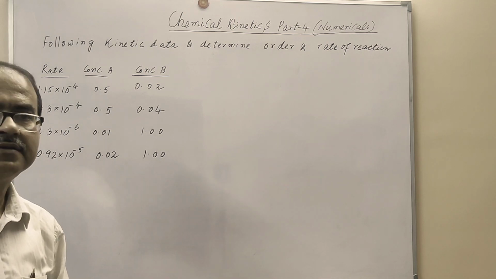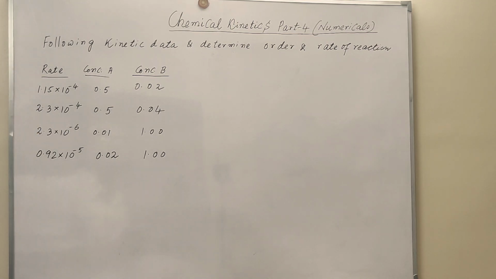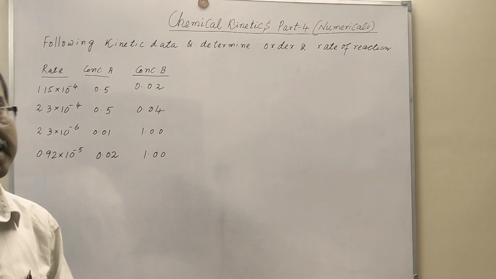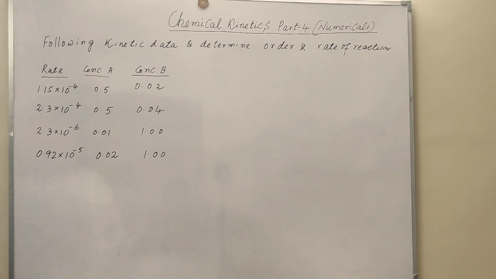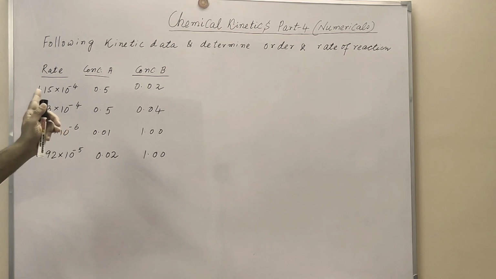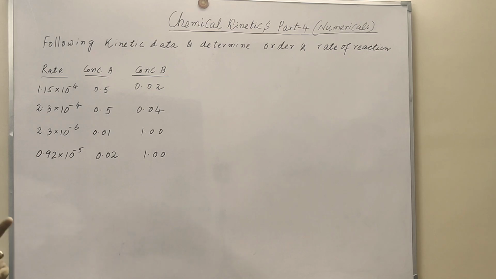This is the next numerical. Here you have to determine the order of the reaction as well as the rate of the reaction, right? You have been given some data: the rate of the reaction with concentration A of the reactant and concentration B of the reactant.